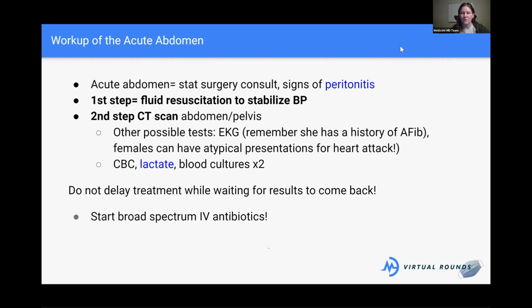This isn't important, but ciprofloxacin, for example, is a fluoroquinolone antibiotic. I think it works against a ton of stuff, including gram-negatives. That could be an example, but don't worry about the specific drug. Just know broad spectrum to start with.